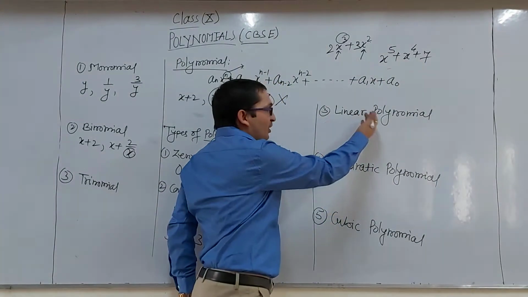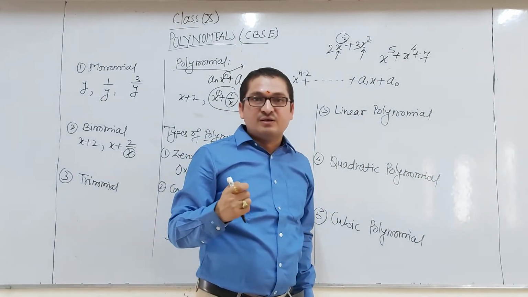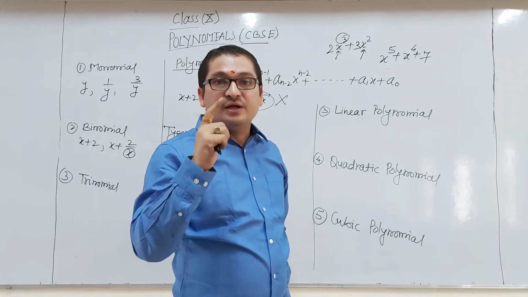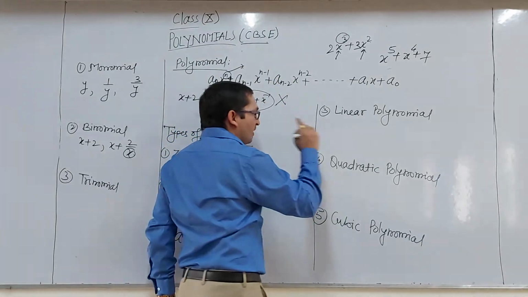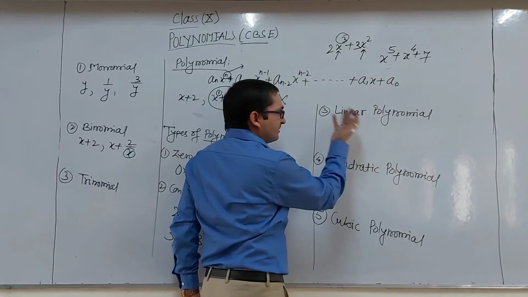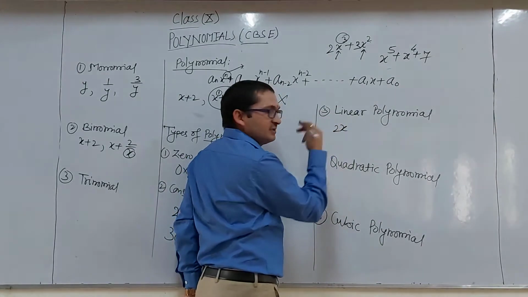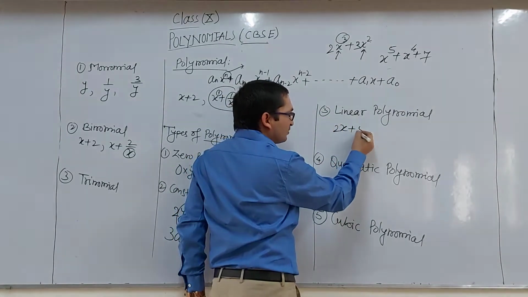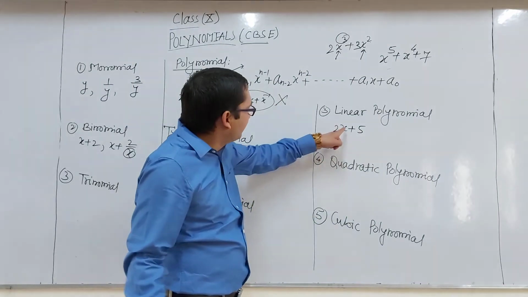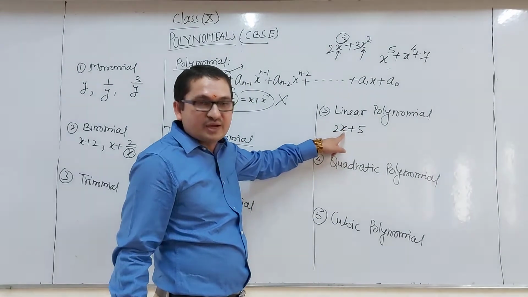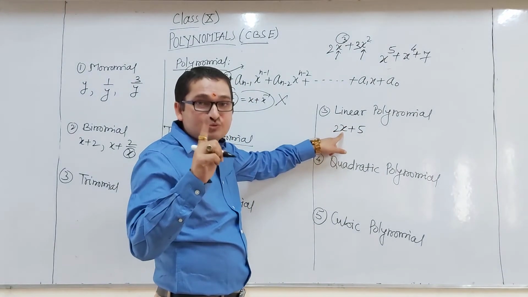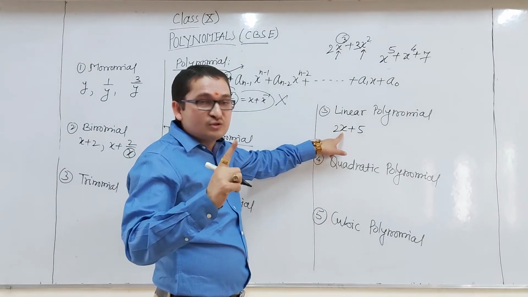So a linear polynomial means a polynomial having degree 1. So x is a linear polynomial, 2x is a linear polynomial, 2x plus 5 is a linear polynomial. You have to check the highest power of the variable.